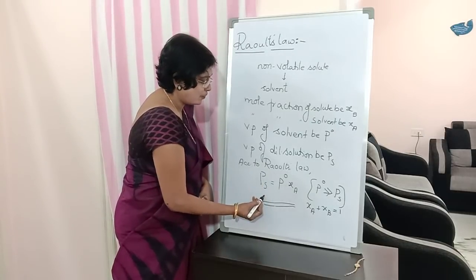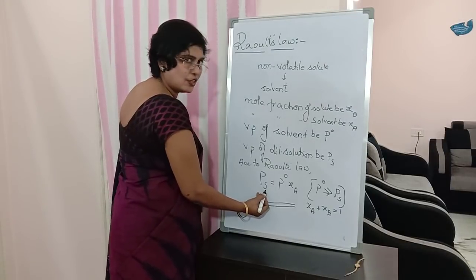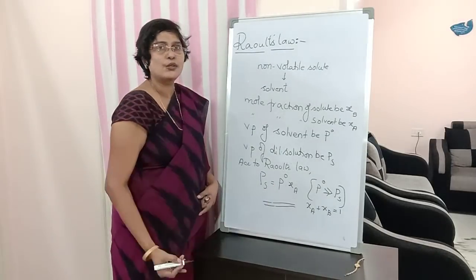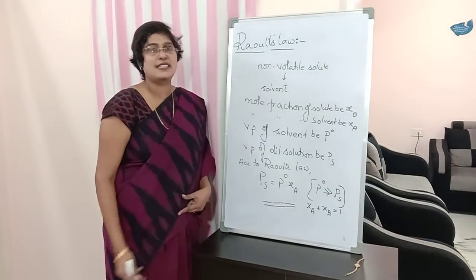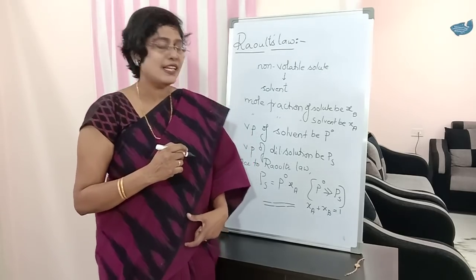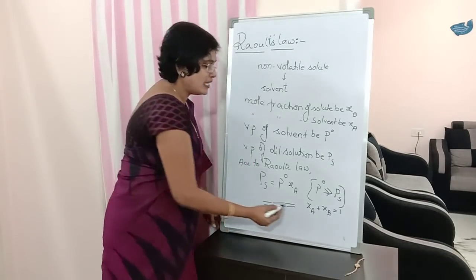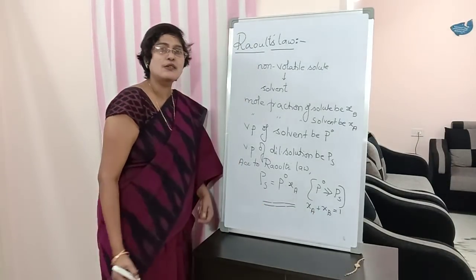Therefore, Raoult's law states that the vapor pressure of dilute solution is equal to the vapor pressure of solvent multiplied by XA, the mole fraction of solvent. If you don't know, please write down in the column that XA plus XB is equal to 1.